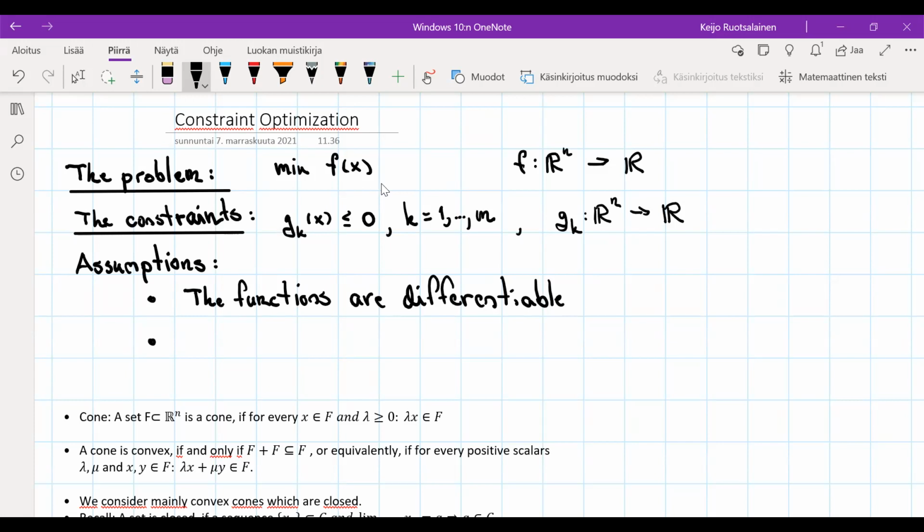There become serious problems to our theorems, which we have to deal with when we have really non-convex functions. So mainly the functions are convex.